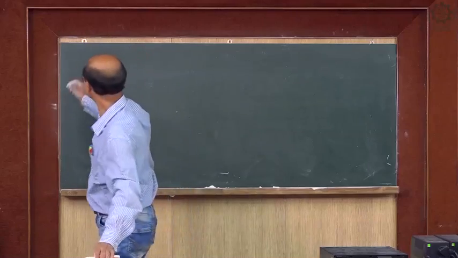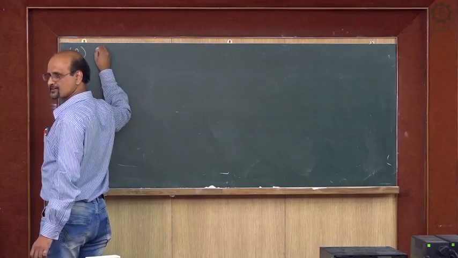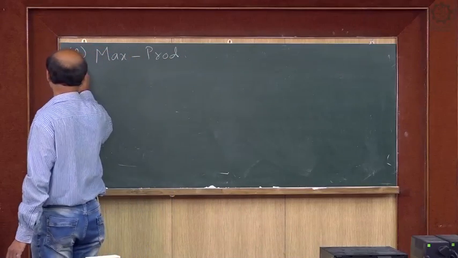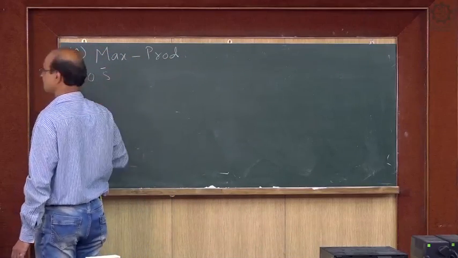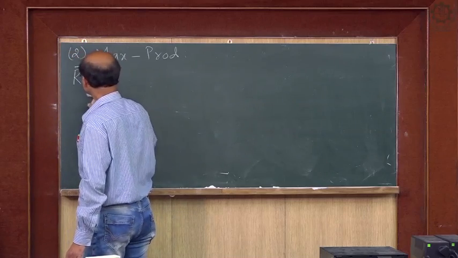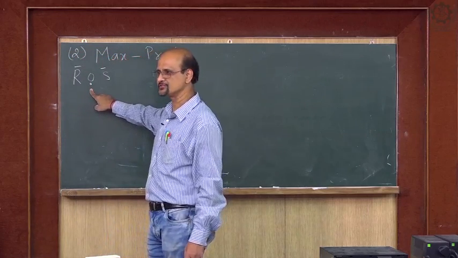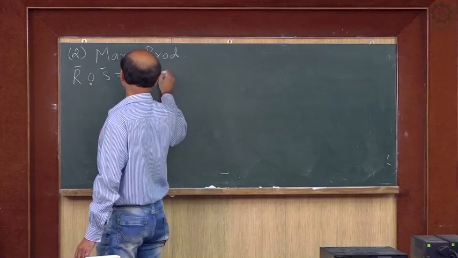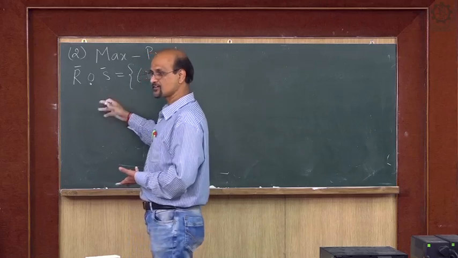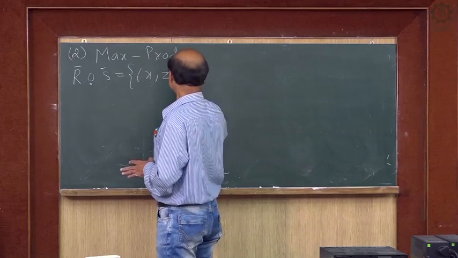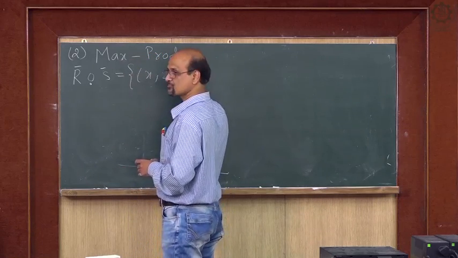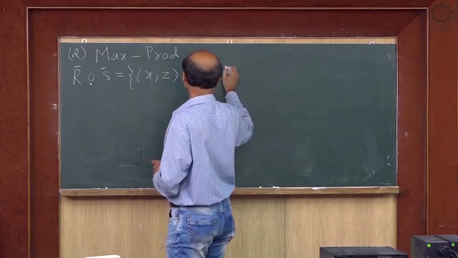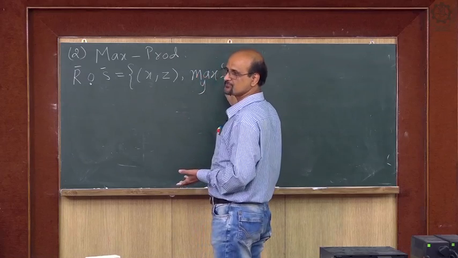So, the second one was max product. Here it is defined as R bar dot S bar, and because it is product, I am writing a dot below to distinguish. Okay? It is equal to x z, because after composition it will be from x to z, and max product. So, we will take max on y and then product of the membership functions.